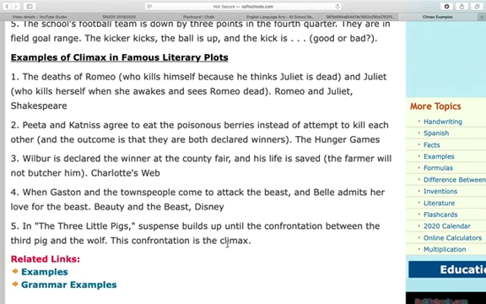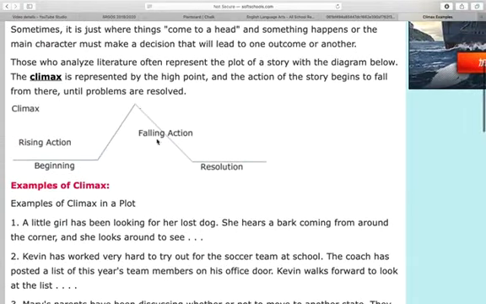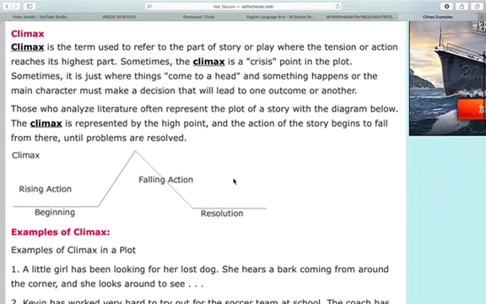This confrontation, when they meet each other, that is the climax, right? If you've seen Beauty and the Beast, when Gaston and the townspeople come to attack the beast, and Belle admits her love for the beast. So when she finally says, oh, I love the beast, right? Then we have the resolution. That is the falling action leading to the resolution.